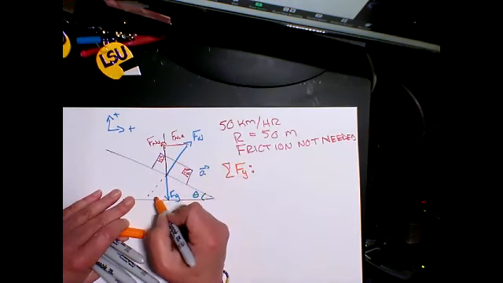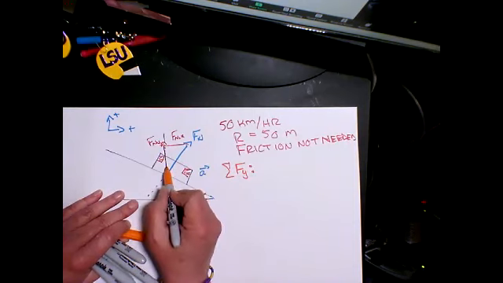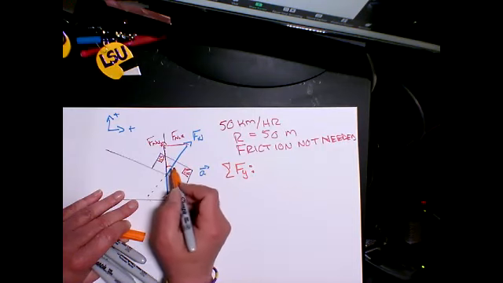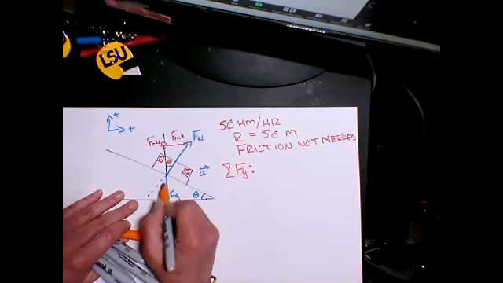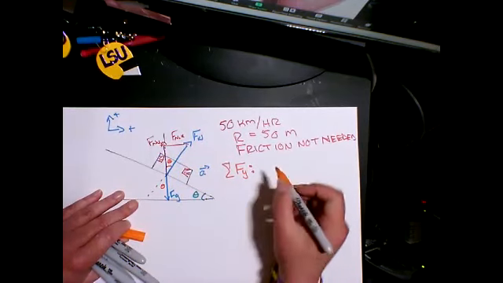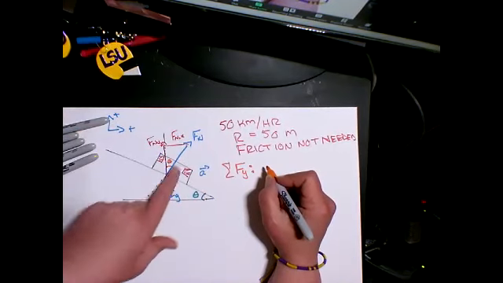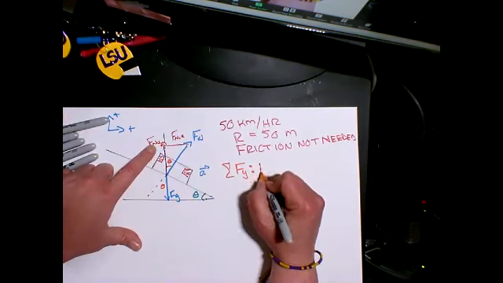Just as with gravity, the angle between gravity and the normal is the angle of the incline. The angle between here, the normal and gravity, excuse me, will also be the angle of the incline. So you can see these are kind of like equal and opposite. They're just intersecting lines. So I have, let's say, force normal in the y.